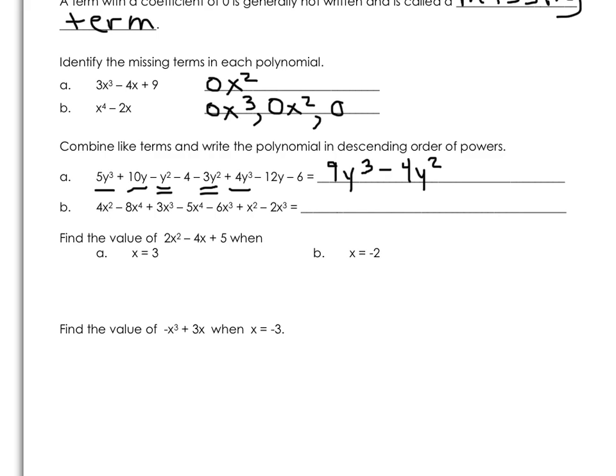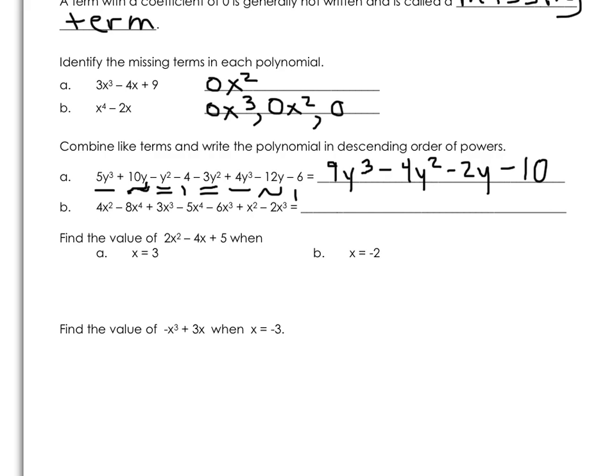I see two terms that have y in them. 10y minus 12y minus 2y. And last but not least, I have minus 4 minus 6 minus 10. So we combine like terms and we put them in descending orders of power.